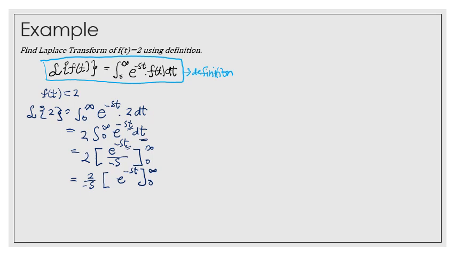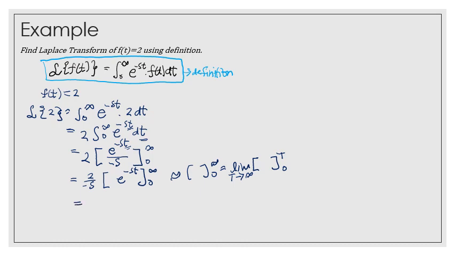When we want to substitute from 0 to infinity, it means that we want to substitute the limit of t going to infinity, the t approaching infinity. So we try to substitute with some definite value.